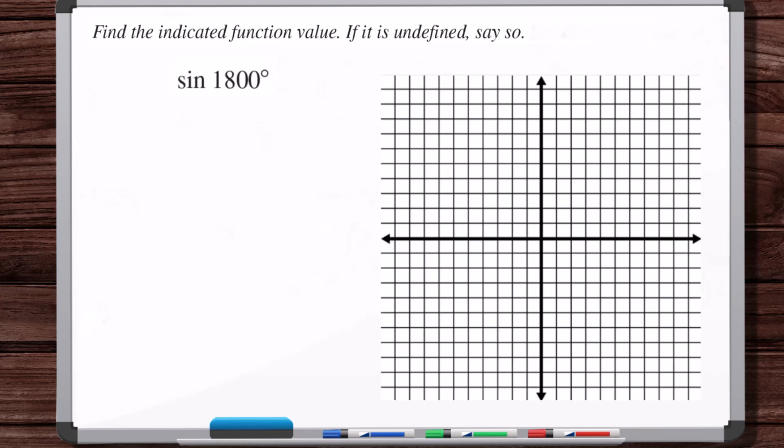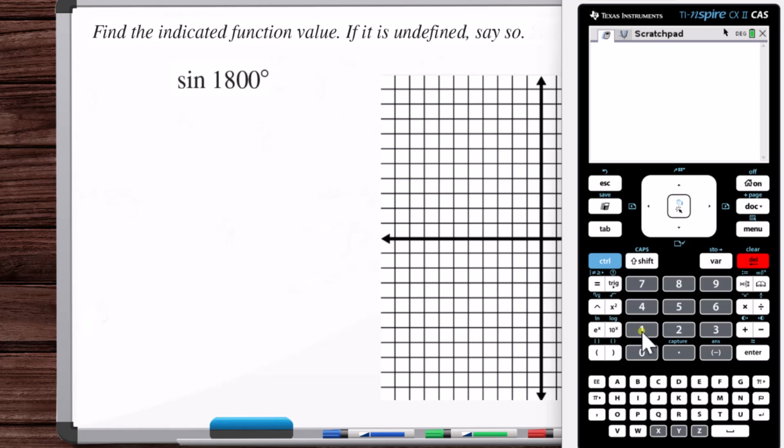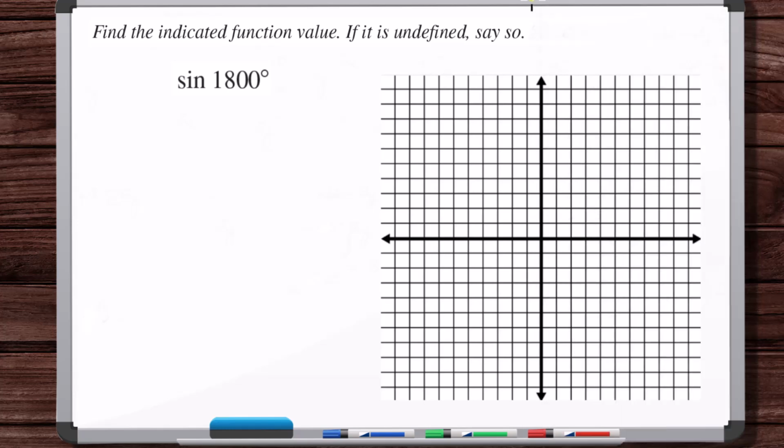Okay, 1800. So what's 1800 divided by 360? 5. So it's exactly 5. So this is like 360 degrees, like we're doing this. Let's choose this point here, like we're coming in.